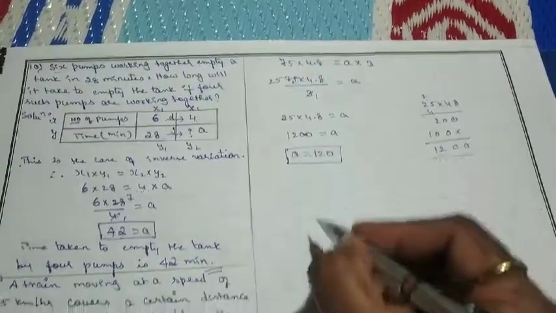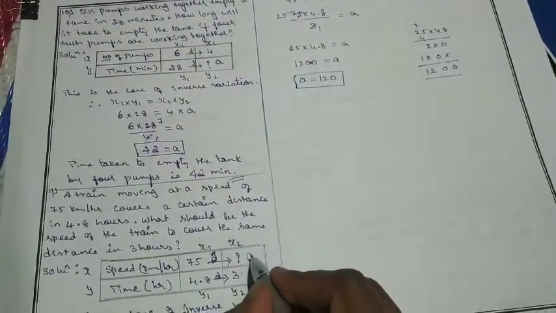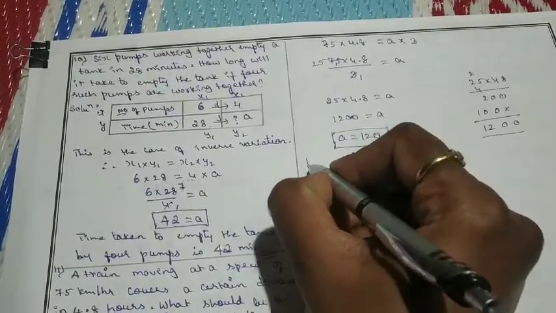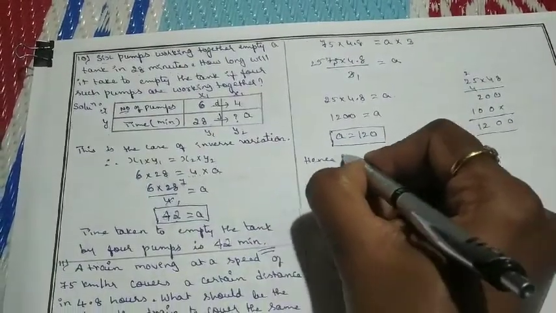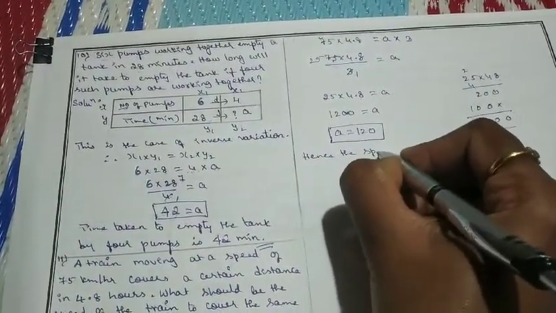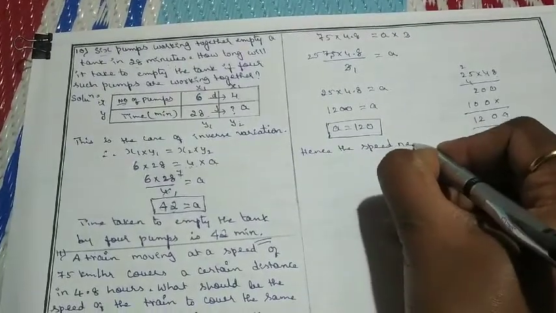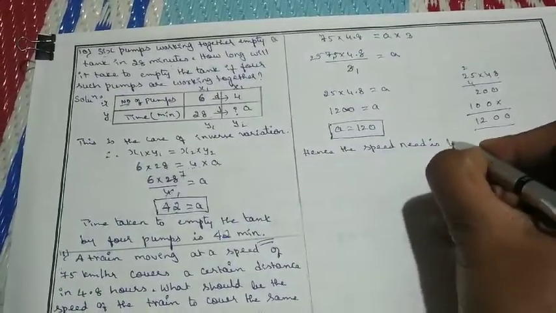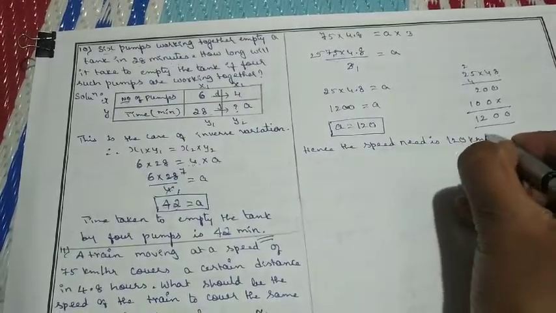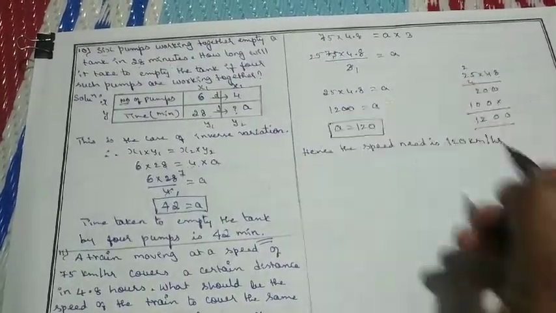What is a? A is nothing but the speed. Hence the speed needed is 120 kilometer per hour.